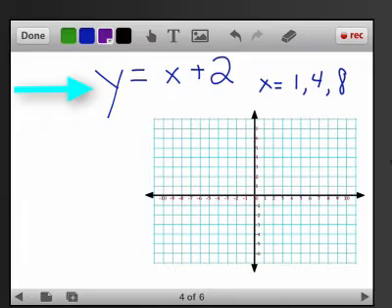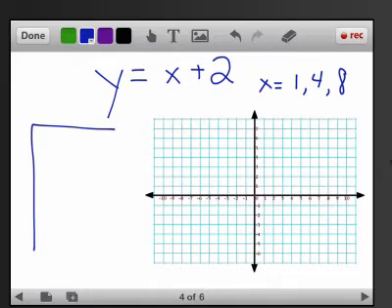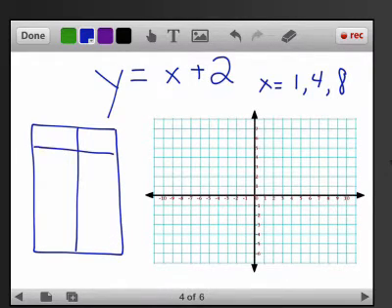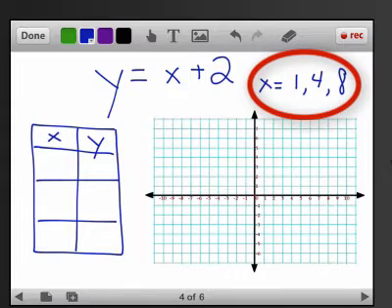Y equals x plus 2. I need to first make my chart. I have my x and I have my y. Off to the side, you can see that x equals 1, x equals 4, and x equals 8.